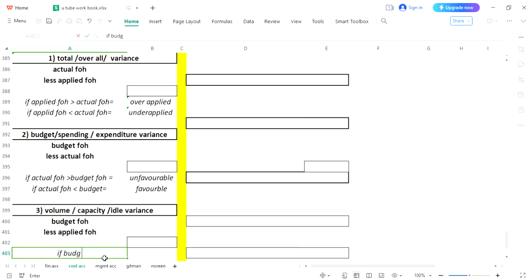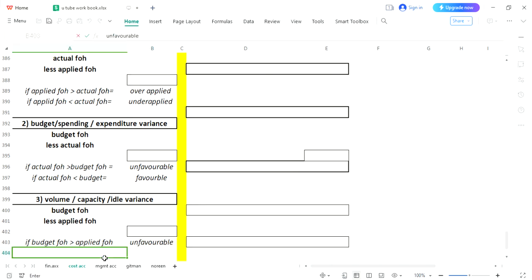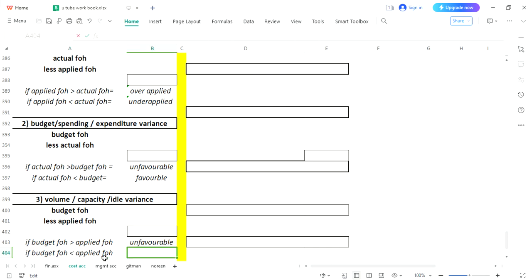So if your budget FH is more than applied FH, if budget is more, you will not be happy and you will consider it unfavorable variance. Contrary to above, if your budget is less than applied FH, what does that mean? You have to arrange a less amount. So it's a good thing. You will accept it, welcome it, and it would become favorable variance.